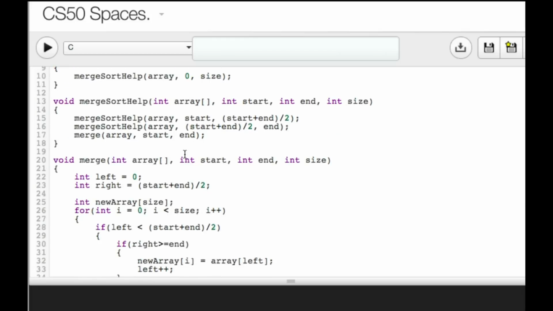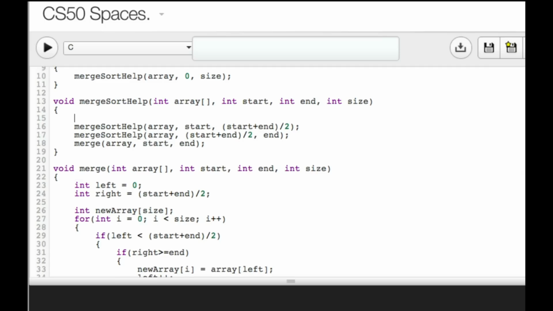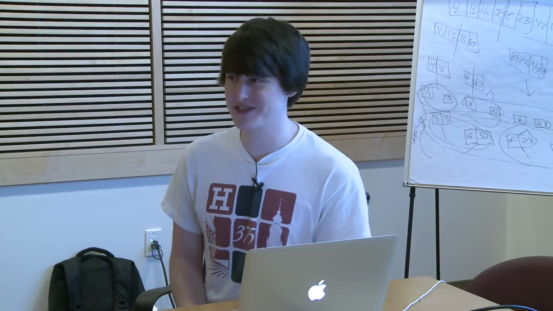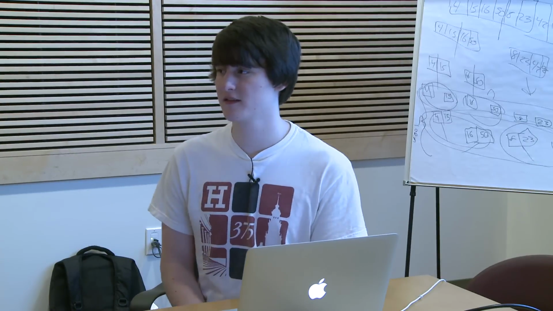So merge sort help. We have an issue here where we have no base case. So merge sort help is recursive. So any recursive function is going to need some sort of base case to know when to stop recursively calling itself. What is our base case going to be here? Yeah.